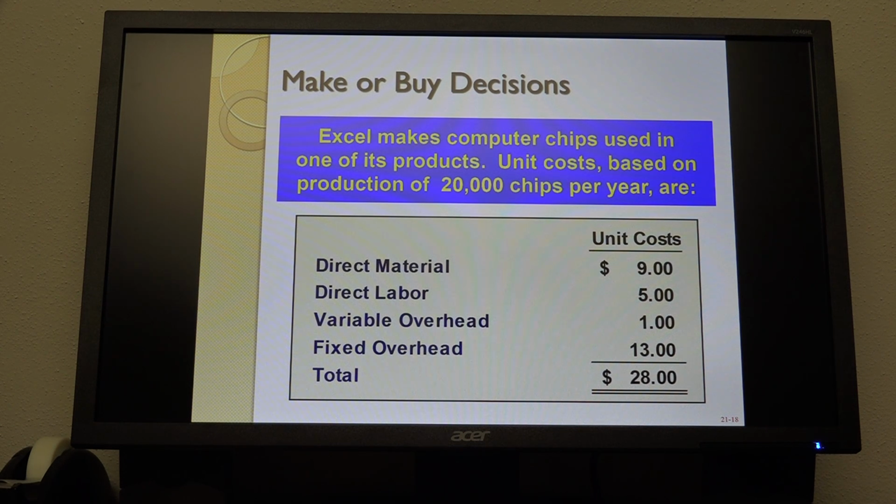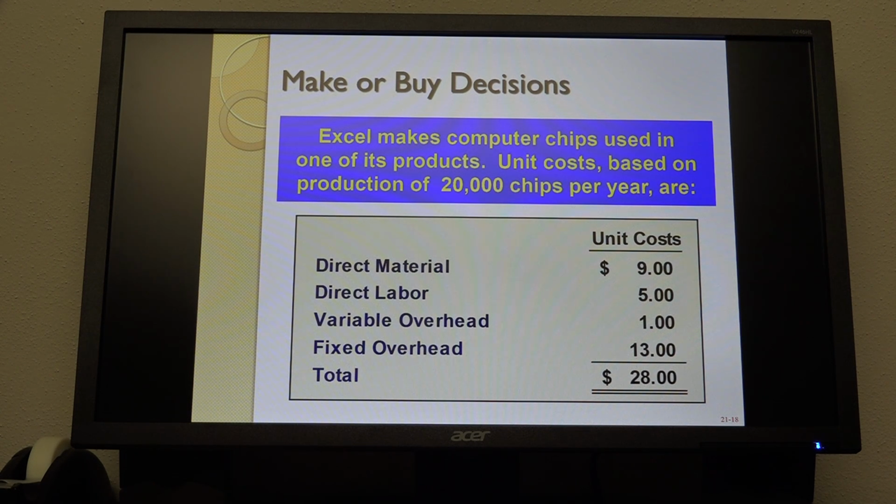And so which costs here are relevant? Well, certainly the direct labor to make each unit is relevant, as is the direct labor and the incremental cost of overhead, which is the variable overhead.